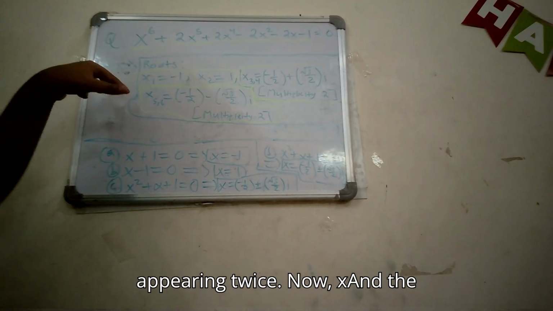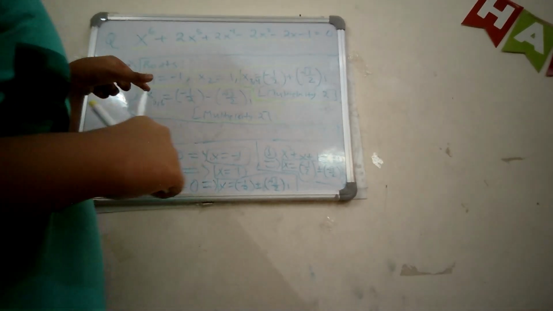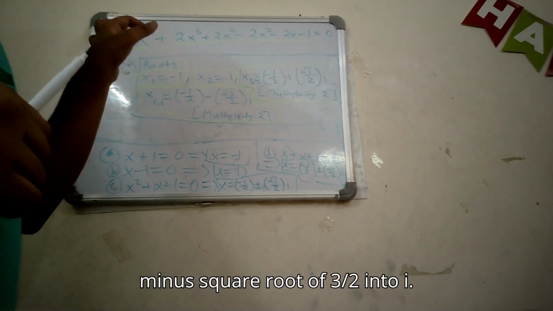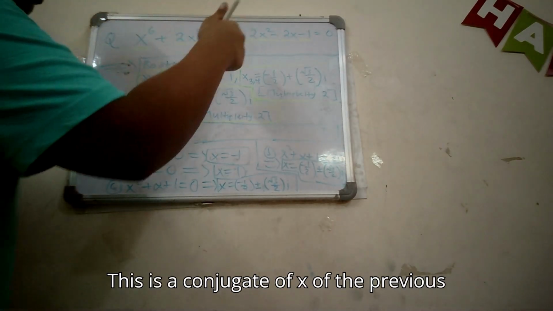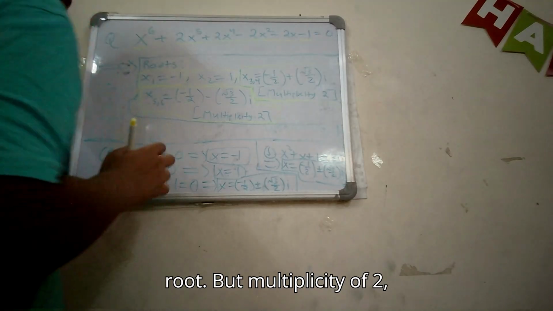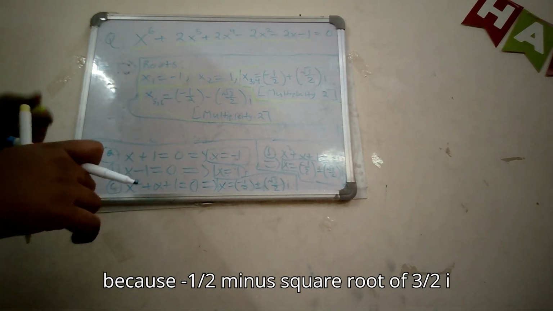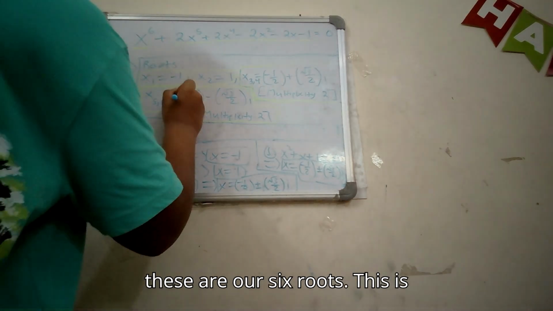And x5,6 is negative 1/2 minus the square root of 3 over 2 i, also with multiplicity 2, because it also appears twice. So these are the 6 roots.